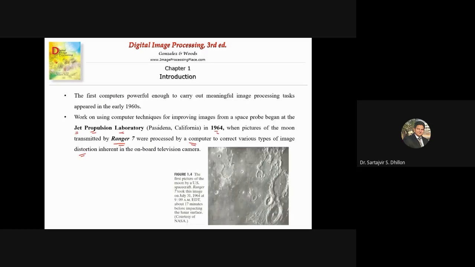And then for the first time, images were processed by computer for space images. That is a moon image obtained from NASA by Ranger 7. And why did we use that particular image for digitization? To remove the noise or to enhance some desirable features within that particular image.